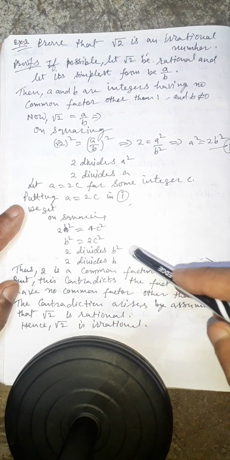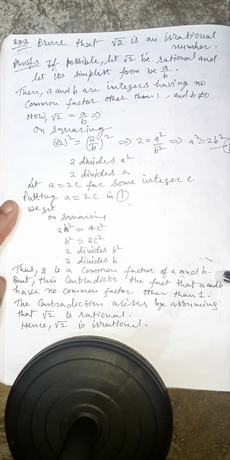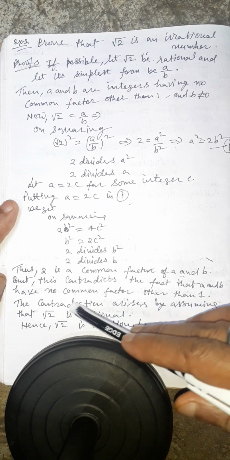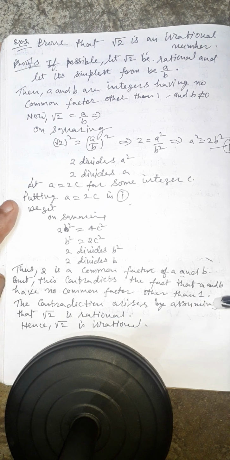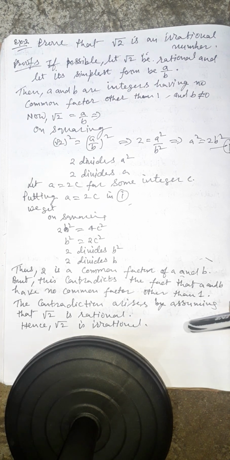Then 2 divides b square, so 2 also divides b. Thus 2 is a common factor of a and b. But this contradicts the fact that a and b have no common factor other than 1. The contradiction arises by assuming that root 2 is a rational number. Hence root 2 is an irrational number.